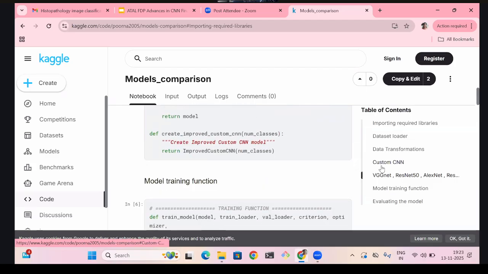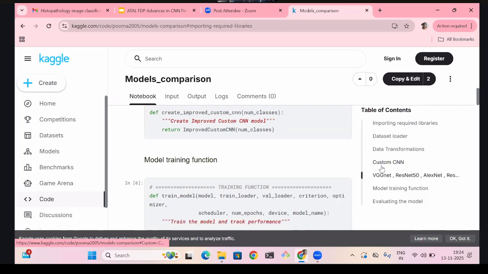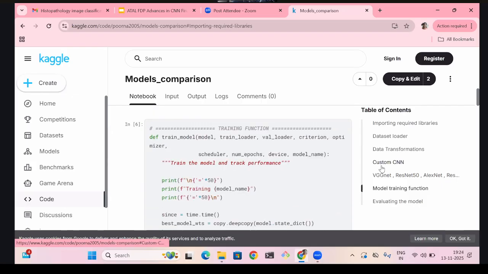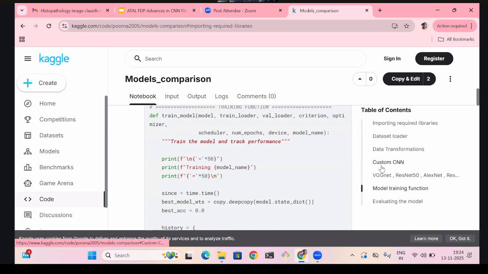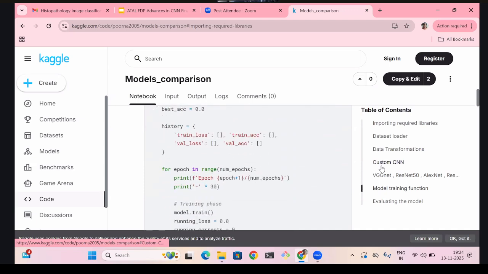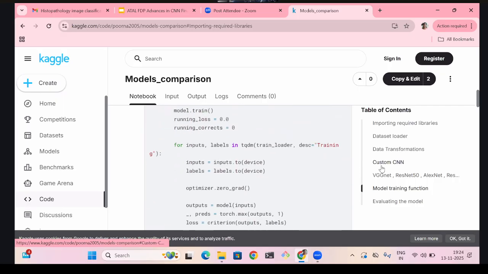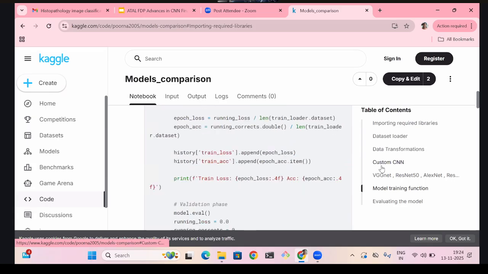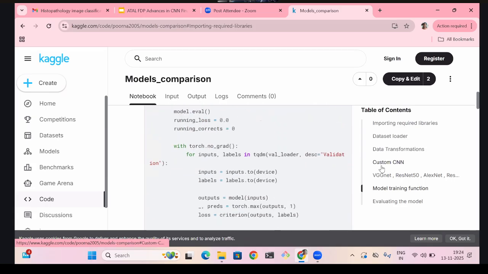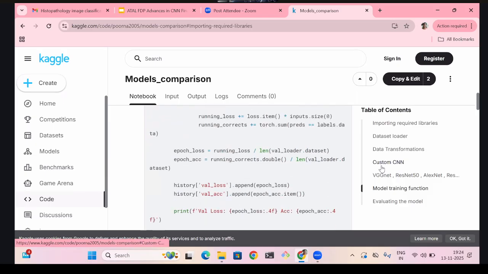Okay, so all the models we have defined, and then training. So this is the training pipeline.